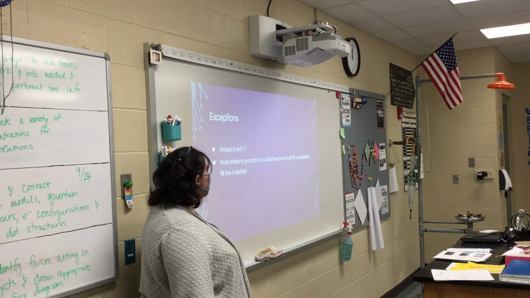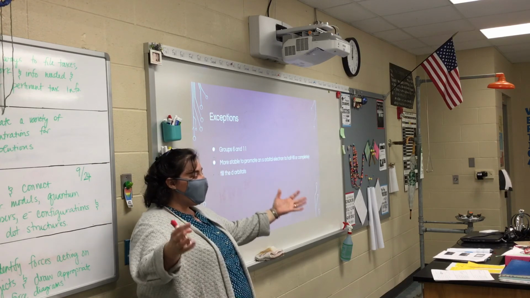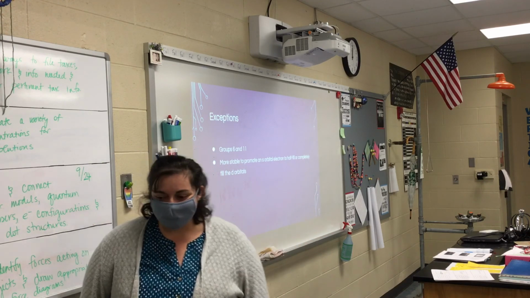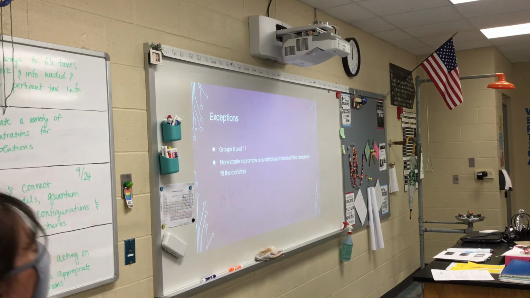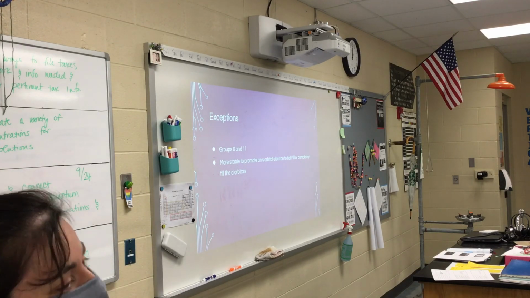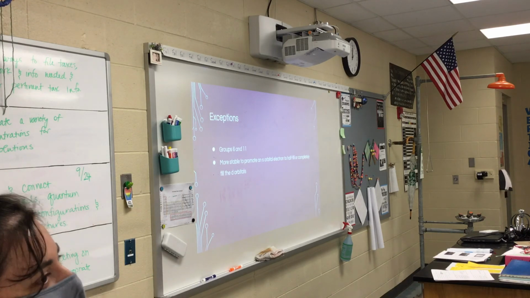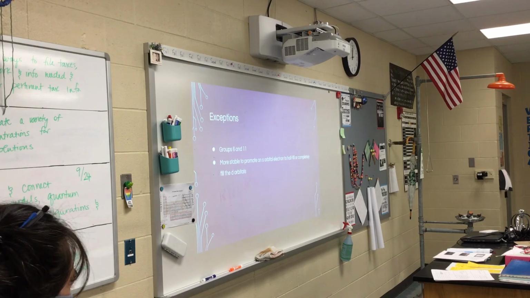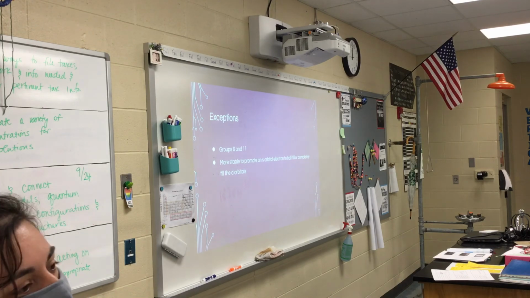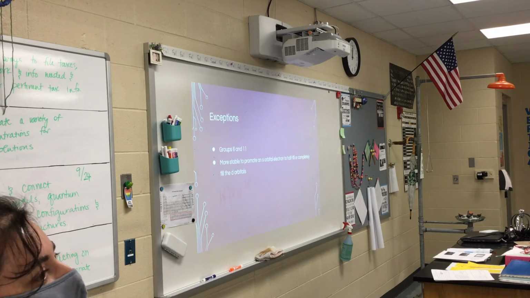Okay. Of course there are exceptions. There are always exceptions. And the only exception we're going to talk about is in the transition metals, group 6 and group 11. So, what is that, chromium?